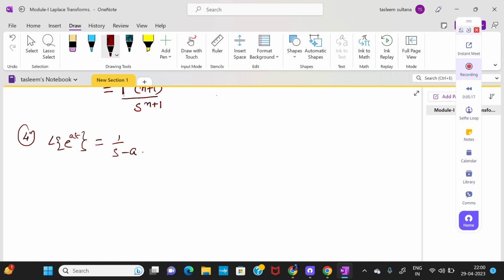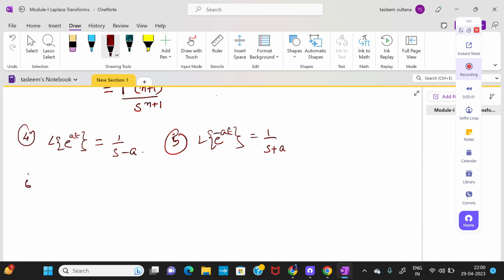If they have given a minus, then what is going to happen? Here I will write L of e power minus at. This will become 1 by s plus a, because your a value is minus a, and minus of minus becomes a plus.